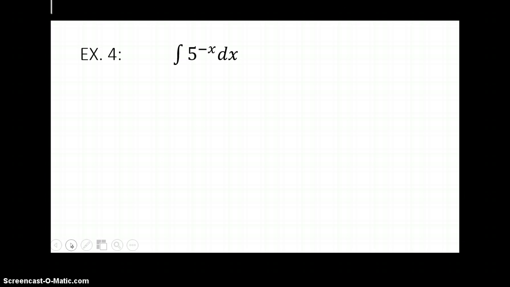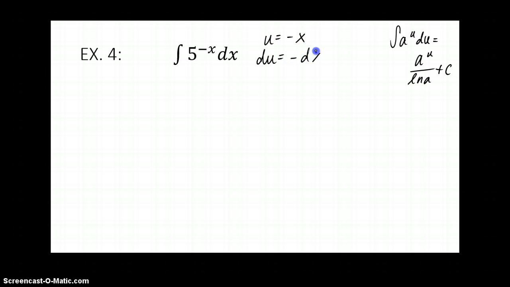Alright, now let's look at some integrals. So what are our integral rules? A to the u is itself divided by the natural log of the base. Okay, so where will we start naturally for u? Let u be the exponent. So du would be negative dx. Making my substitution, I would have 5 to the u.